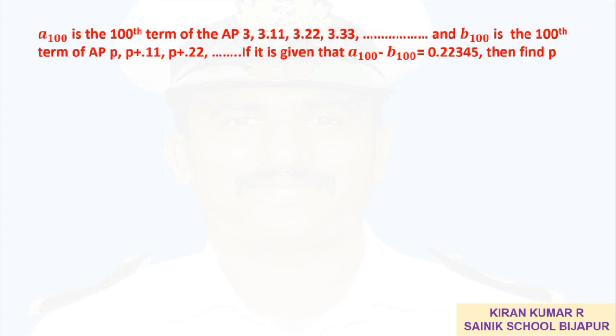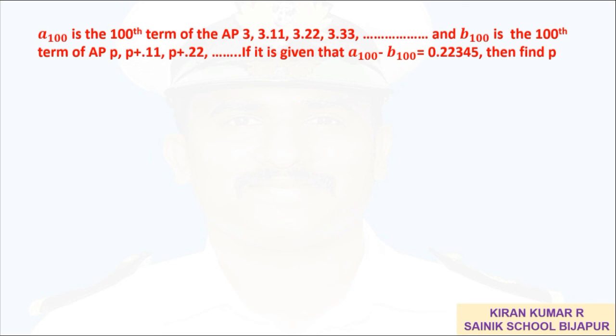A100 is the 100th term of the AP 3.11, 3.22, 3.33 and so on, and B100 is the 100th term of another AP P plus 0.11, p plus 0.22 and so on.